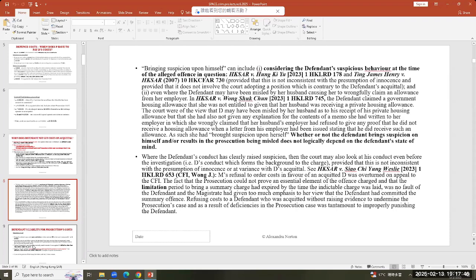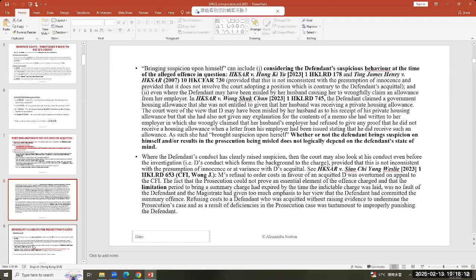And the court can also look, according to the Wesley Xiao case, at his conduct even before the investigation. So his background before charge, provided that it's not inconsistent with the presumption of innocence or his acquittal. Now, in that case, the issue for the prosecution was they were lacking one of the elements of the offense.